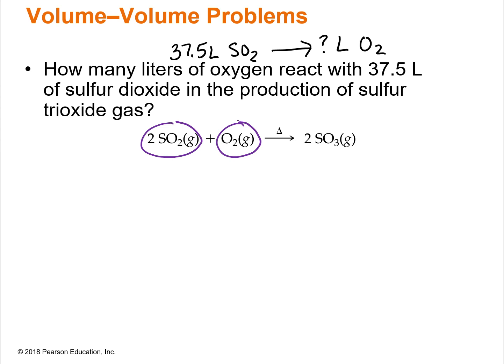If you haven't noticed, you're also using your Chapter 6 skills of being able to read the problem and identify the compounds based on the names. So if reading this problem you couldn't identify sulfur dioxide or sulfur trioxide, revisit Chapter 6.